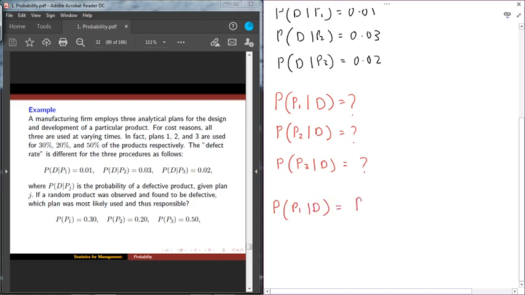P1D. What is the formula of conditional probability? P1 D1.